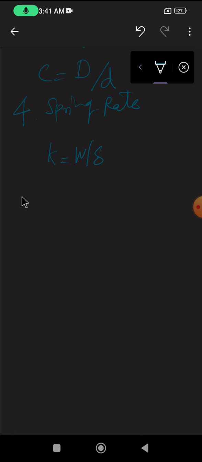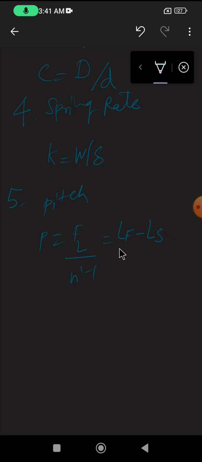And fifth terminology is pitch. Pitch of the coil is defined as the actual distance between the adjacent coils in uncompressed state. So P is equal to free length divided by N dash minus 1.